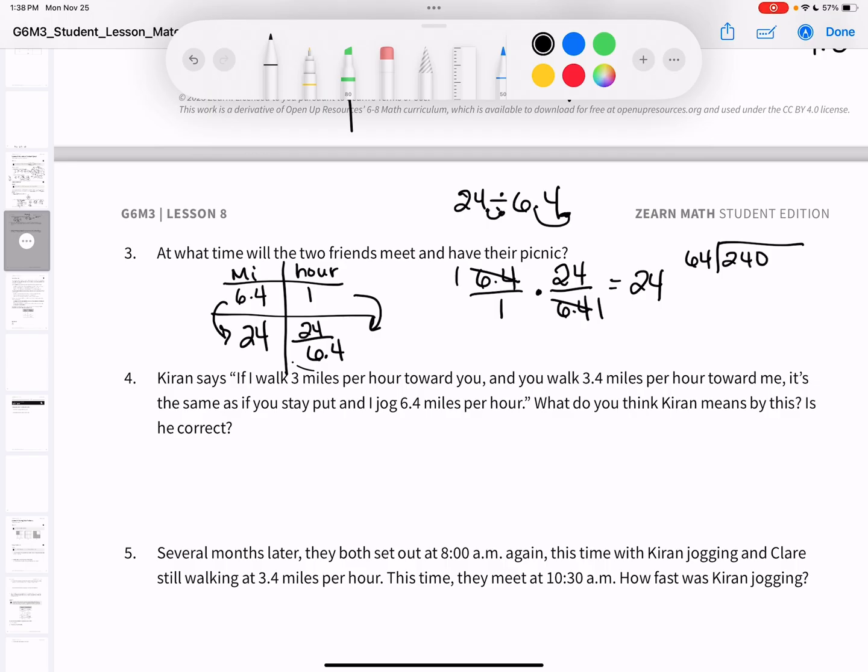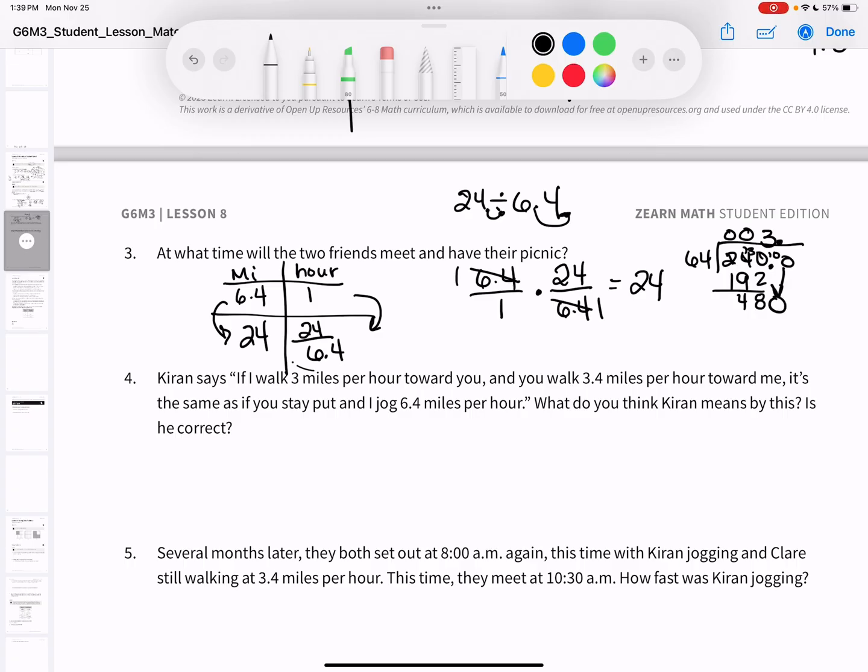240 divided by 64. So 64 goes into 2, 0 times. 64 goes into 24, 0 times. So how many times does 64 go into 240? Well, it goes 3 times evenly, which gets us 192. So that leaves us 48, and we pull that down, 480.